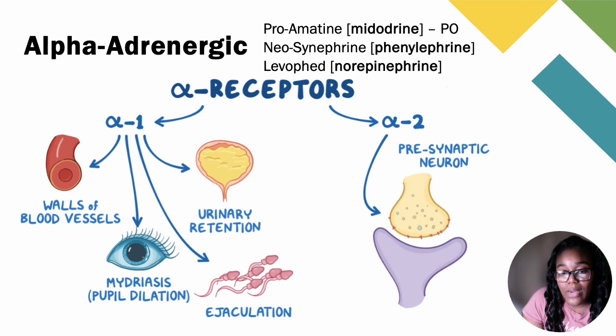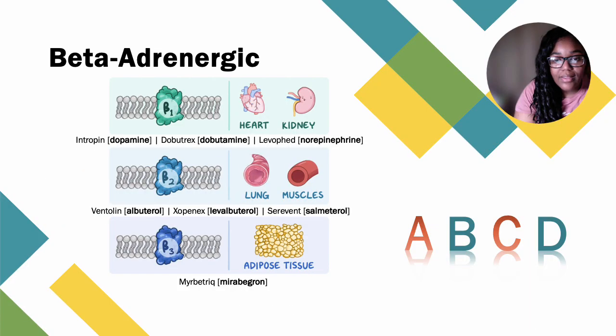The reason why we try to wean them off of that is because if we constrict too much, we do see our peripheral limbs, the arms and the legs, start to change color and have adverse issues with that because it's working on these areas. So again, PO midodrine is our first line of defense, but when it's a severe case, you will see us pull out Levophed or norepinephrine or phenylephrine, neosynephrine, in order to help treat those pressures and those heart rates.